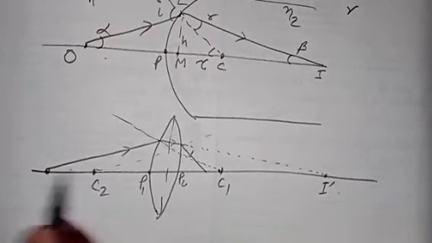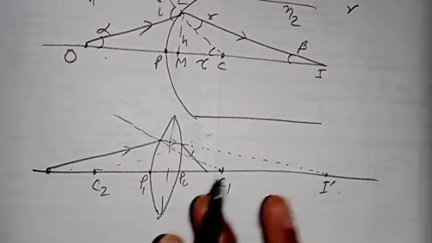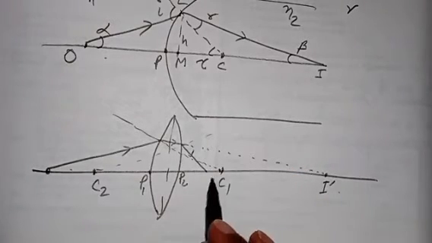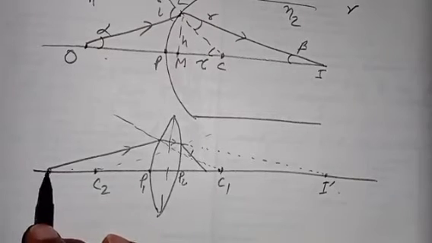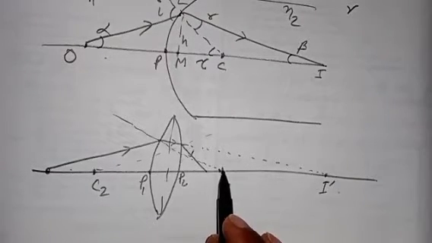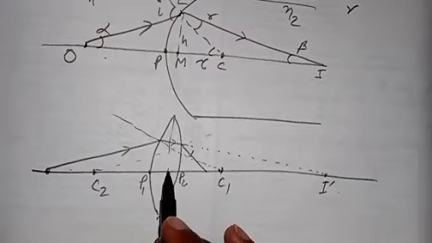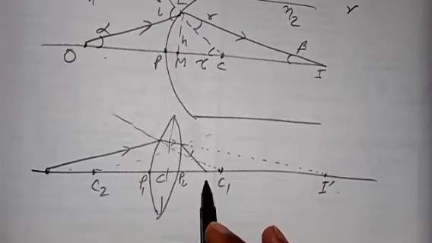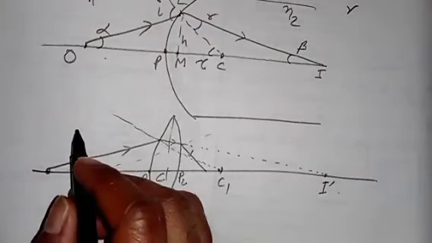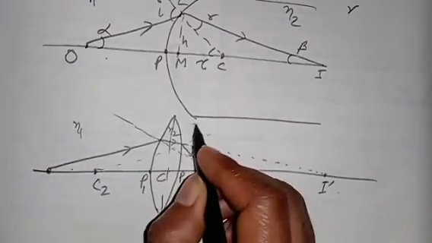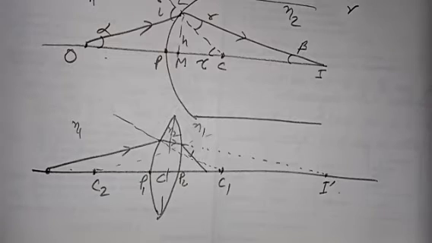Focus is not defined in this entire derivation so far in this construction, so just keep this in your mind. If the object is far from C2, then it will be between the optical center and C1. Just remember this. And this is eta 1, this is eta 2, this is again eta 1, and that's all.